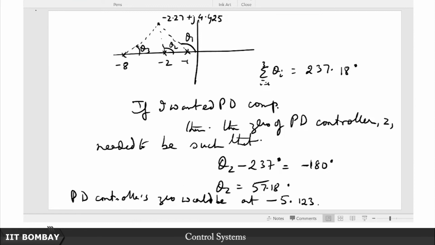So if I wanted to place a PD controller, I would have placed it somewhere over here at minus 5.123. But now I have more flexibility because I can place the zero anywhere to the right of minus 5.123 and then compensate the remainder with an additional pole for the lead compensator.